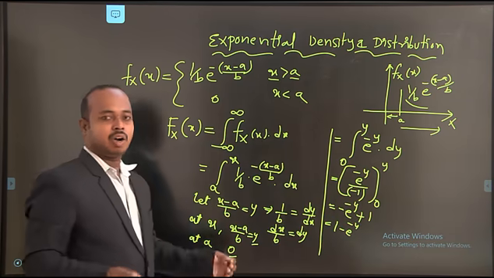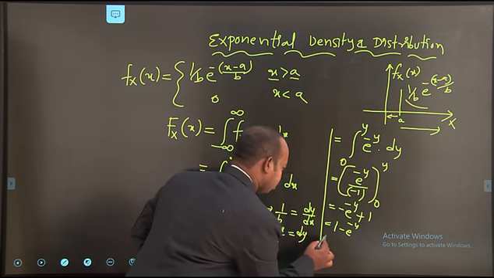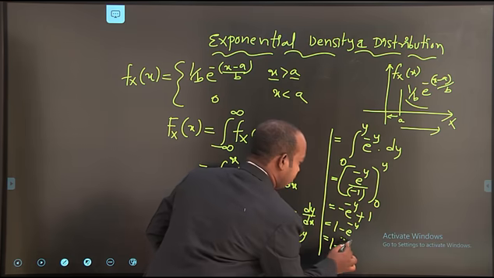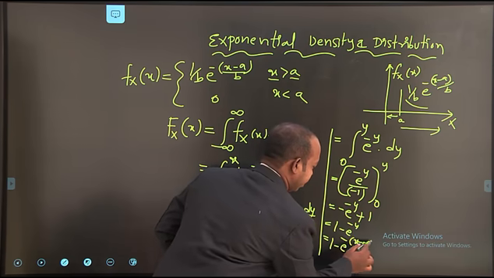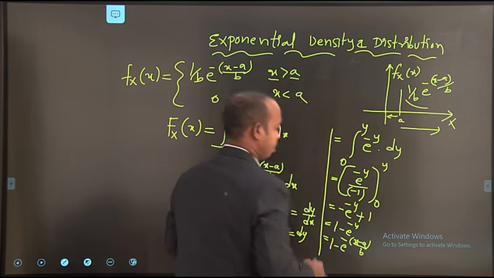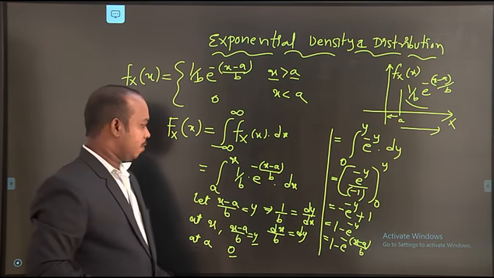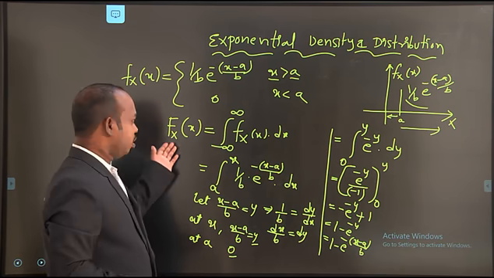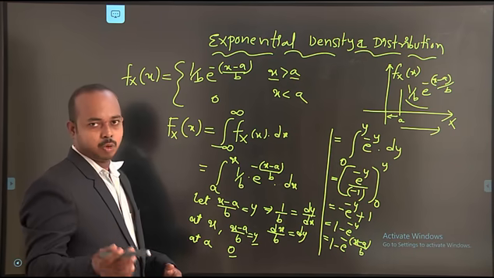Already we know the y value, so we substitute it here: 1 minus e power minus (x minus a) divided by b. This is the quantity for the probability distribution function for exponential.